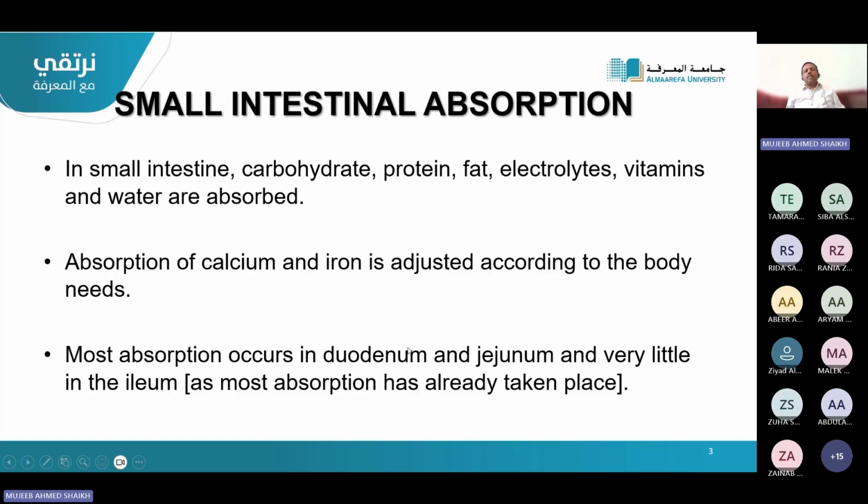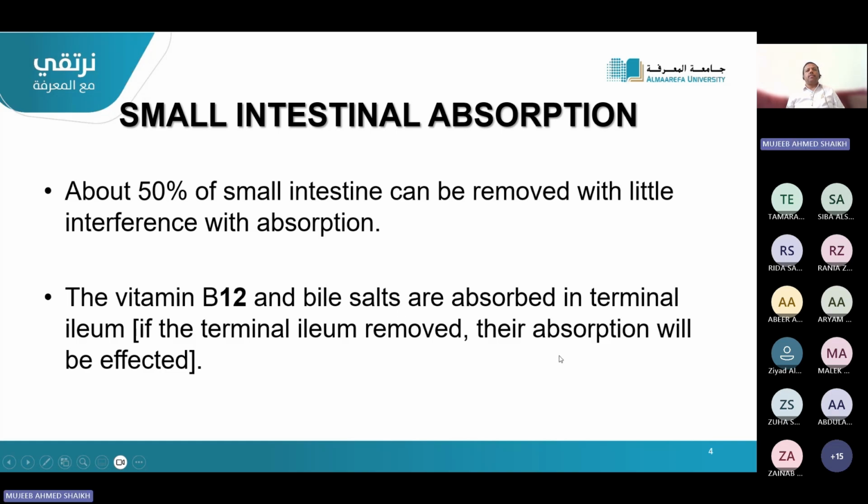So we can say there is a big reserve in the small intestine for absorption. Up to 50% of the small intestine can be removed surgically without any change in absorptive function. But if the part removed is the terminal part, there will be deficiency of vitamin B12 and bile salts, because they are absorbed in the last third, the terminal part of the small intestine.